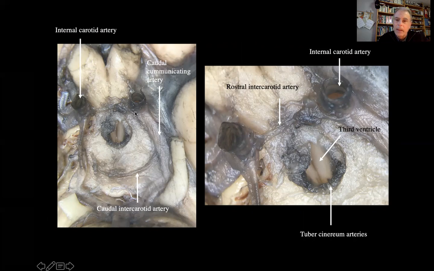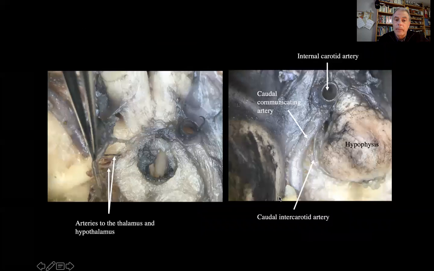Branches from this caudal intercarotid artery will vascularize the hypophysis. In a close-up, the rostral internal carotid artery also branches and will vascularize the hypophysis. As we have sectioned the pituitary stalk, we see the third ventricle through the infundibulum.